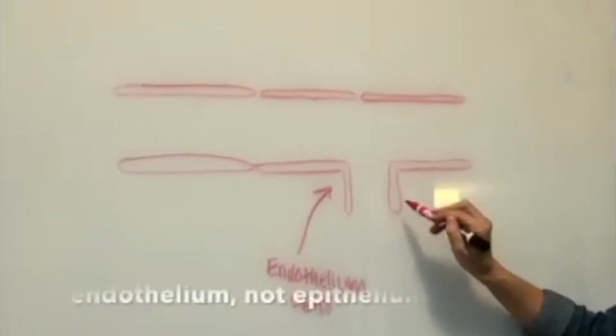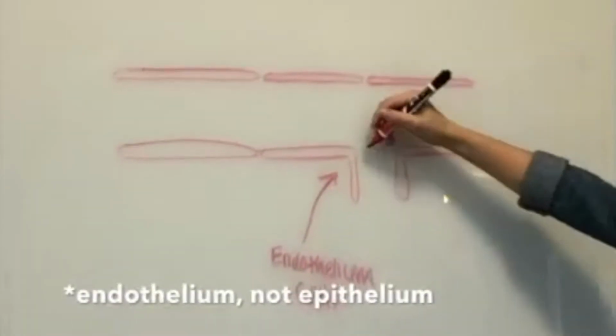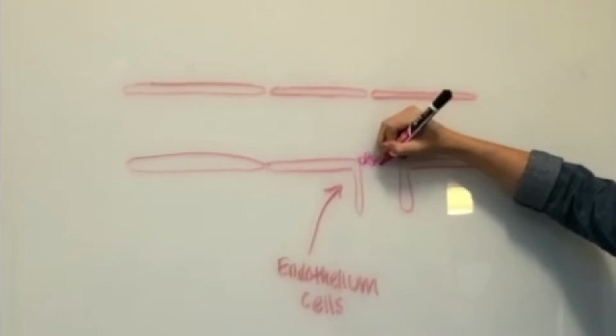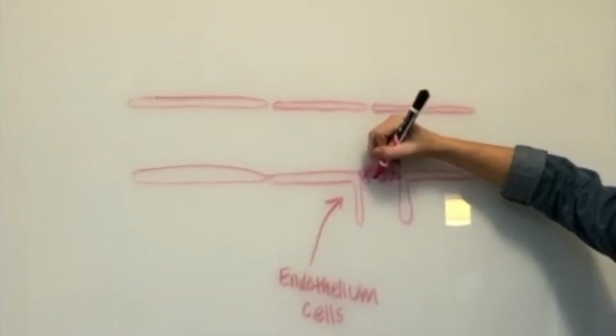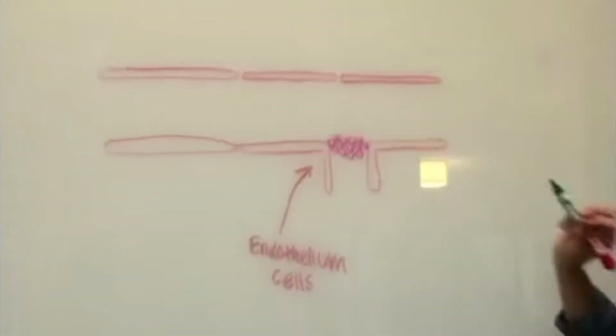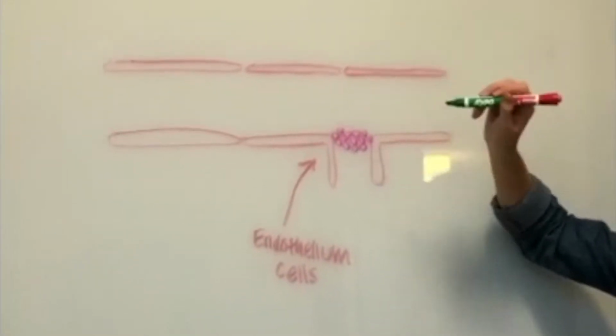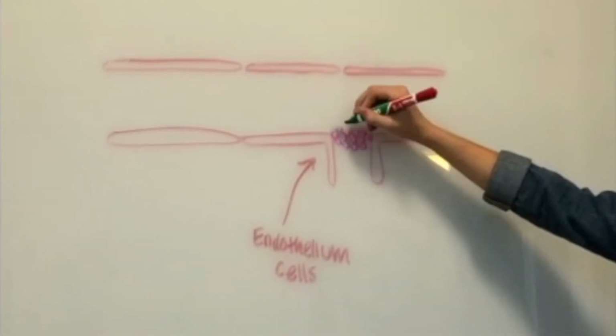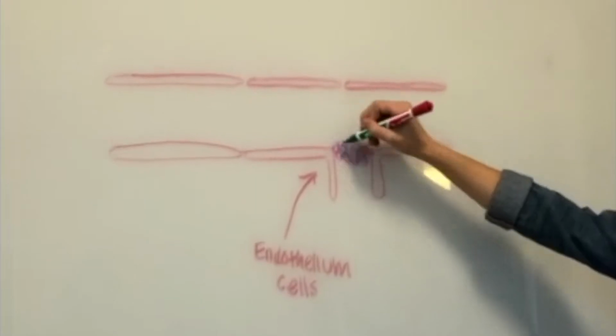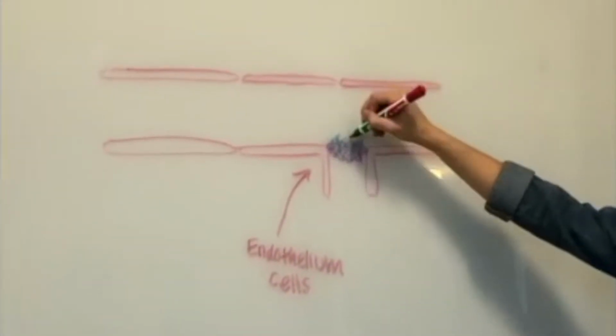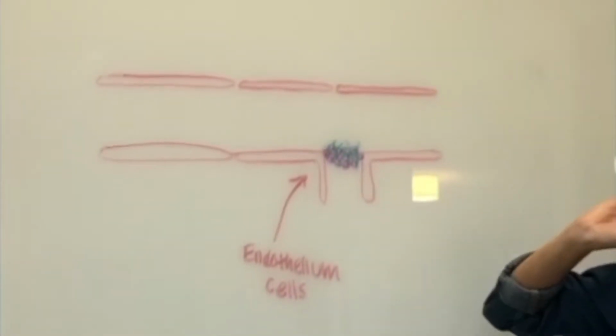When the endothelium tissue is broken, the first thing that happens is platelets come and form a plug in the broken endothelium tissue. So now this platelet plug is not strong enough to hold on its own, so it needs these fibrin strands to come in and help keep it together and form a mesh over this platelet plug.